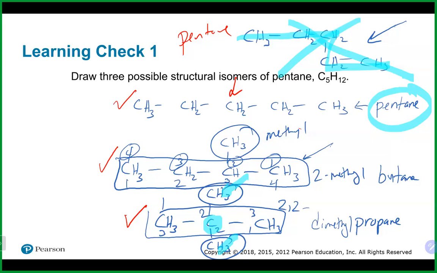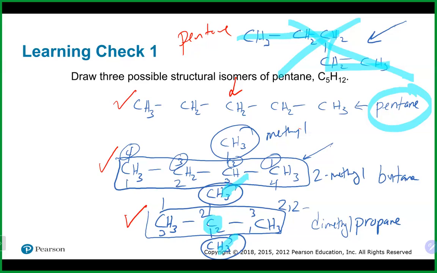If you're given several structures and you go to name them, and 2 structures, even though they may not look the same, end up being called pentane, then those 2 would not be isomers of each other. They would actually be the same thing. I think that was your question, yeah?